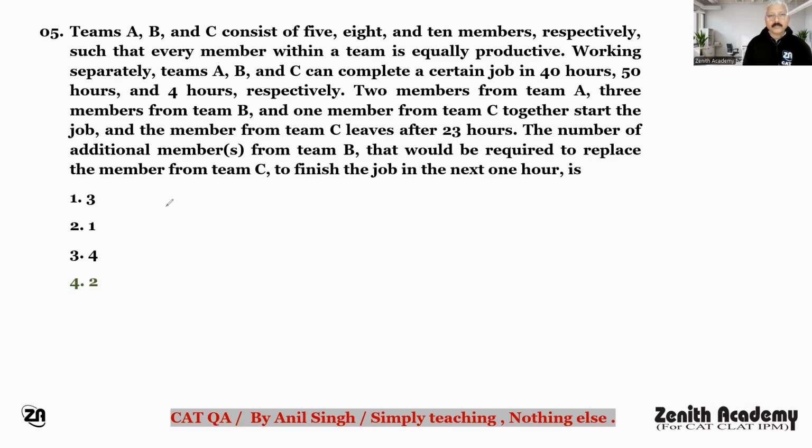Here are three teams: team A, team B, and team C. In team A there are five members, here eight members, and here 10 members.